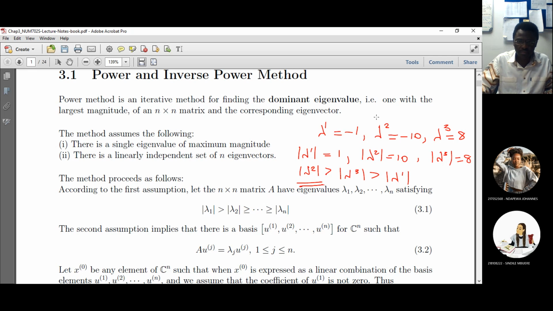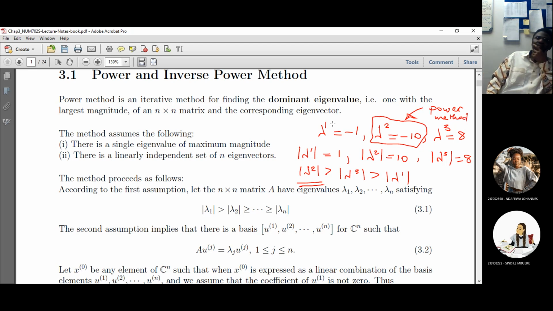Therefore, this is the dominant eigenvalue. And this is what the power method will compute. The power method will compute lambda 2. Is that clear now?